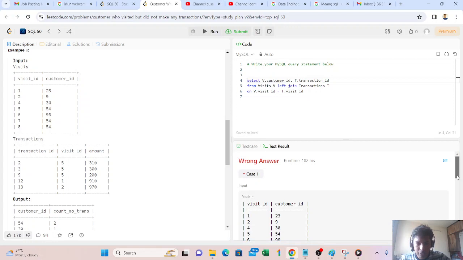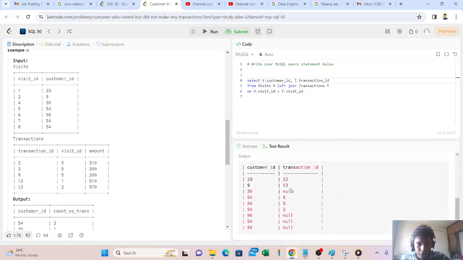So don't go for the wrong answer. Just see. Okay, you can see now we have null values for the transaction ID. See, 54 would have twice the null value.